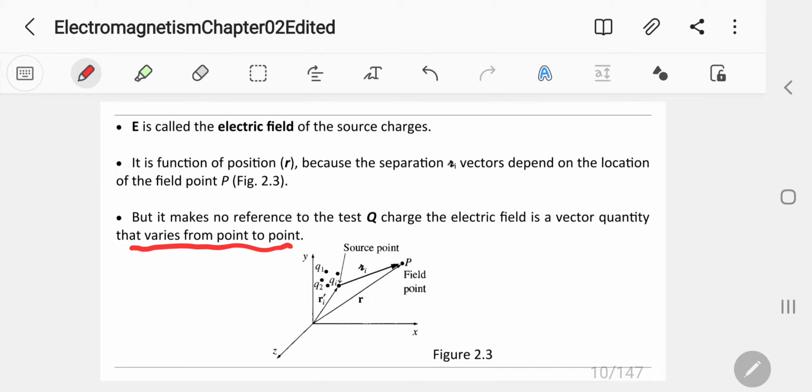And even from one point of the same distance to another point of the same distance would have different electric fields, because they may have the same distance from the source point, but if the direction of the line along the field points or the test charge is different, then the direction would be different for the electric fields. So they may be just the same in magnitude, but the direction would be different.